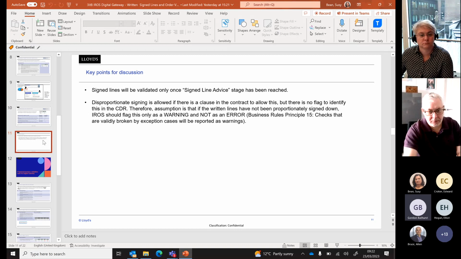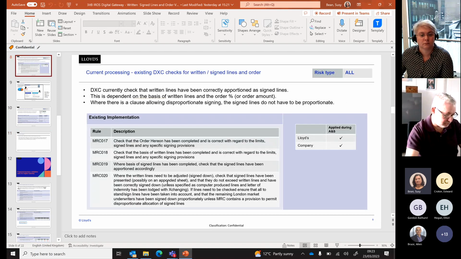But don't we just need to check that the sign line is equal to 100, irrespective of the broker share percentage being 100%? Yes. But this is around rules 19 and 20, which are making sure they've been apportioned correctly.